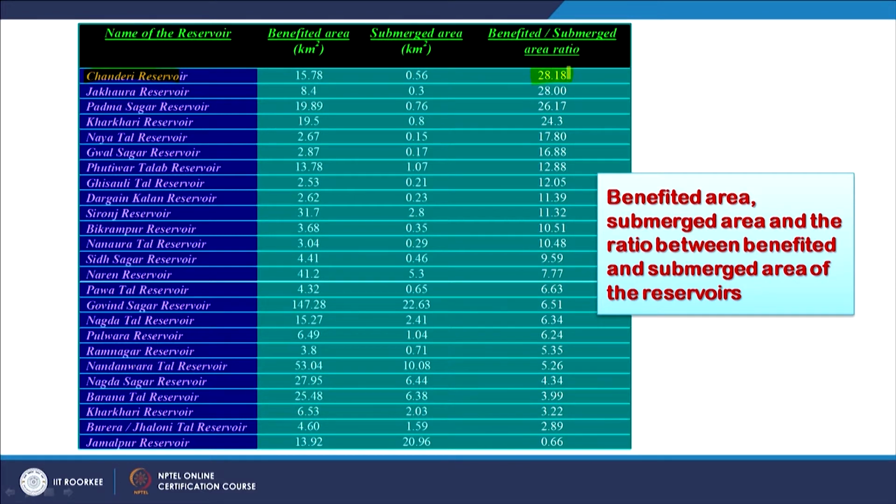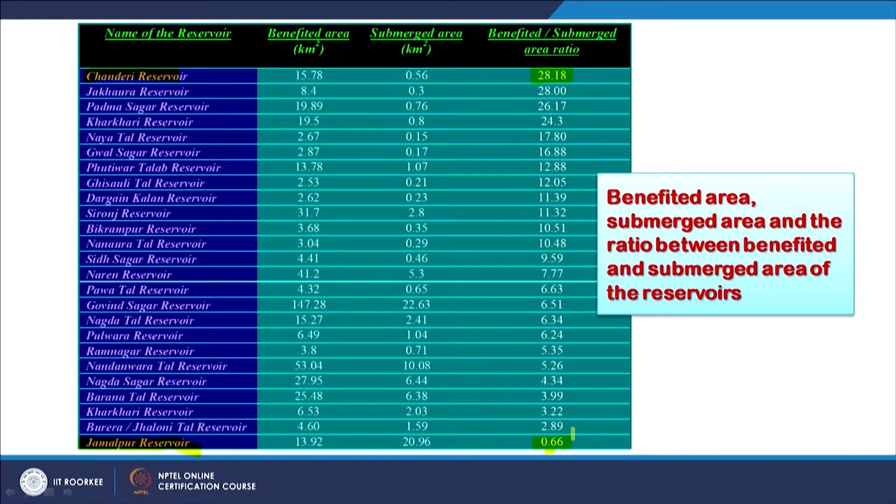It has a benefit versus submerged ratio of 28.18, whereas reservoirs like Jamalpur, at the bottom, have a benefit versus submerged ratio of 0.66. So, this B by S ratio, the BS ratio, is very little.